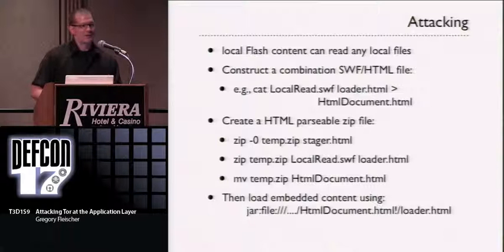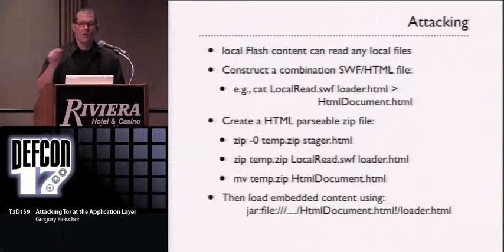And this is interesting because Flash has some interesting properties. As I just talked about, its security model says you can read any file, any directory on the local machine. So there's actually a couple ways to do this. The older way was to combine the SWF and HTML into an HTML document: combine local read.swf with loader.html, and serve that up.